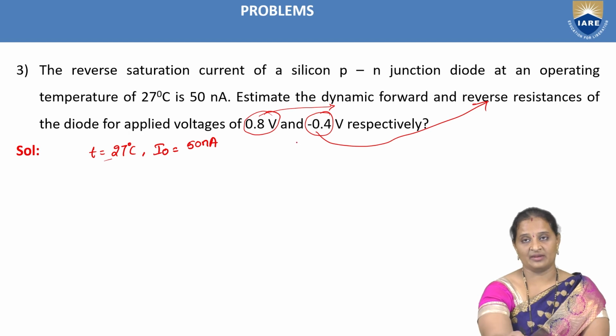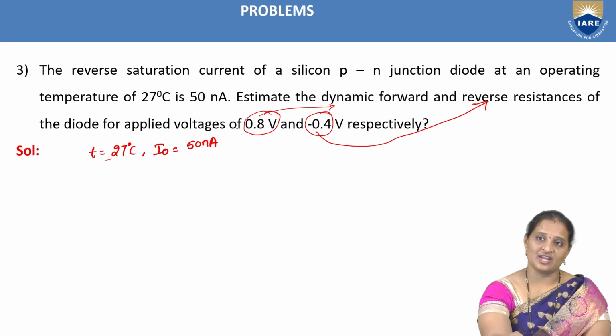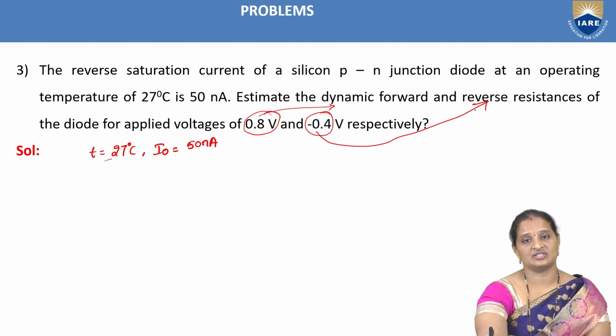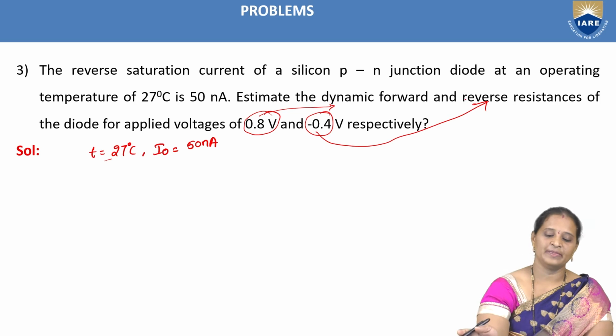He has given positive voltage so that the diode will be forward biased, and hence it is called dynamic forward resistance. Whereas when negative voltage is applied, the diode is reverse biased, and he asked us to find the dynamic reverse resistance of the diode.